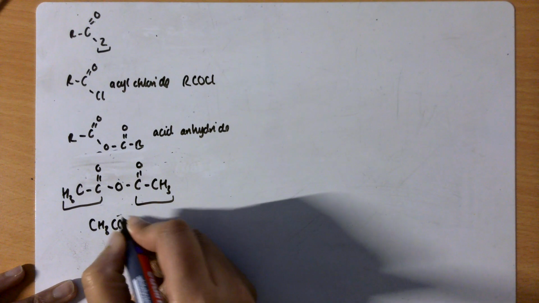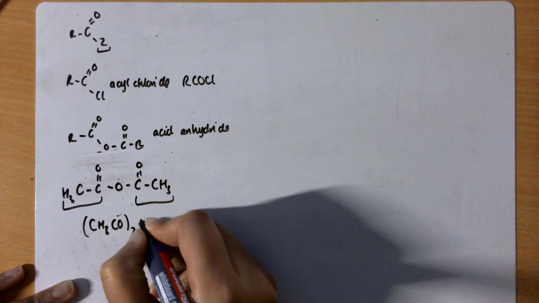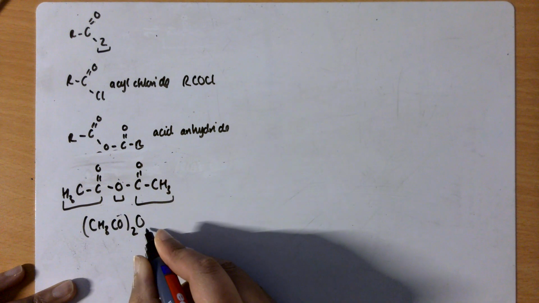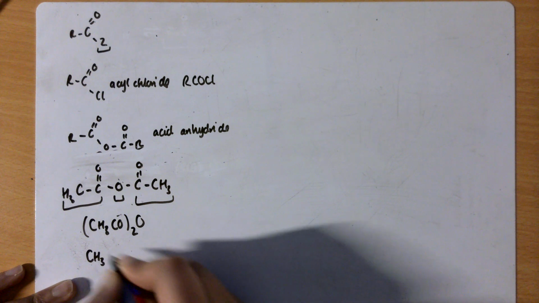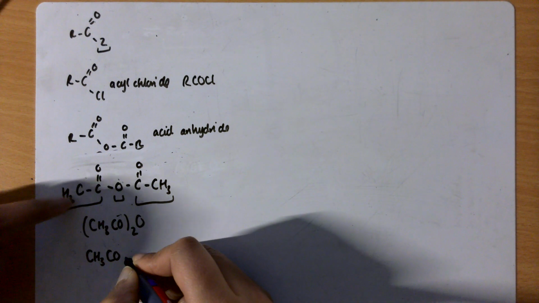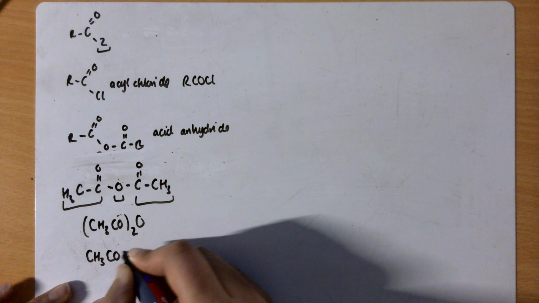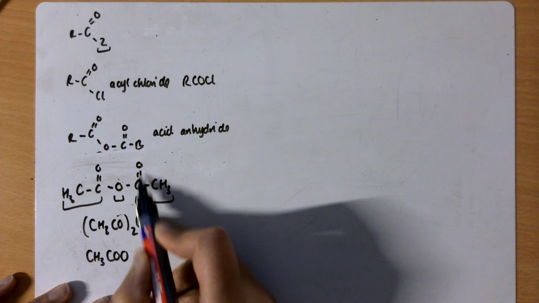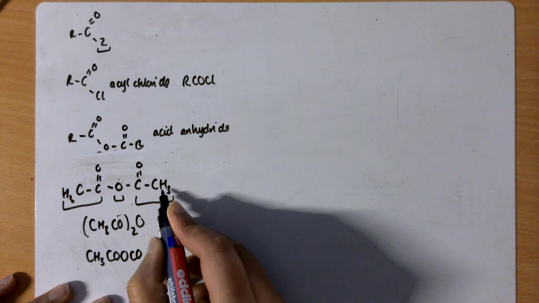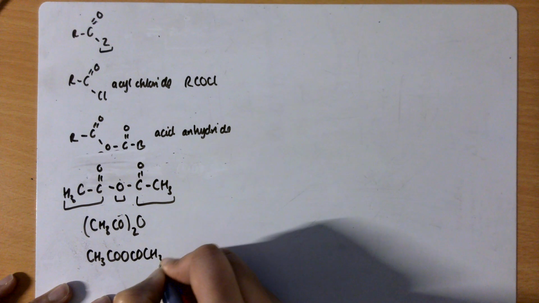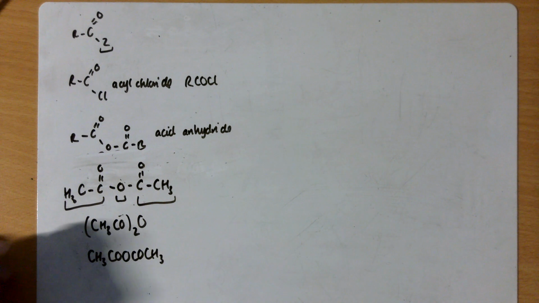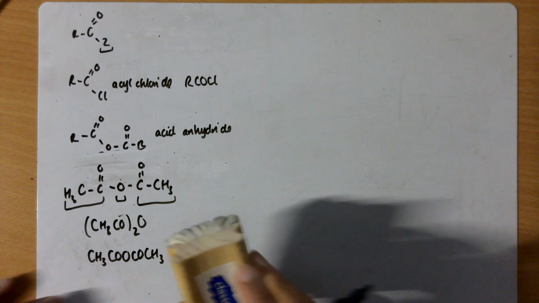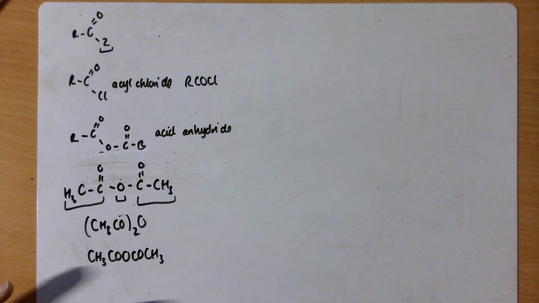Put that in brackets, and then that final oxygen on the outside. Alternatively, I could write CH3CO, once again, this section. Then I have another oxygen, then I have a CO, and then a CH3. It's up to you how you want to write it, but you just have to be able to identify that both of those are acid anhydrides. So that's kind of just it with regards to their structural formula.